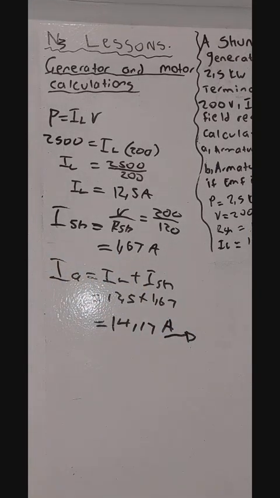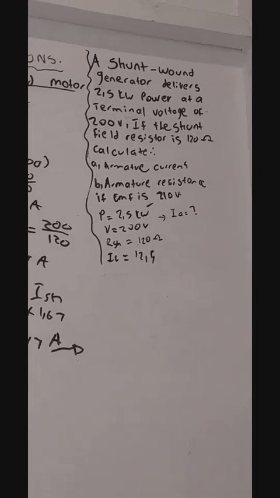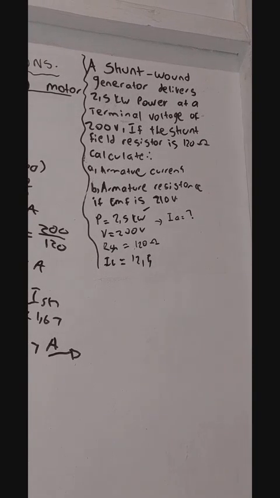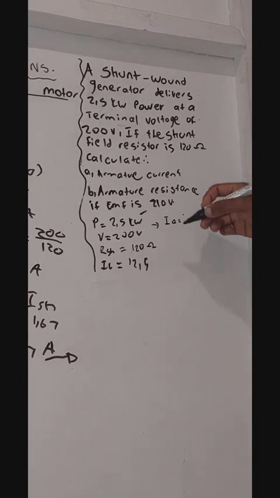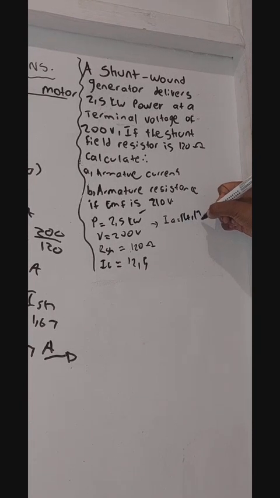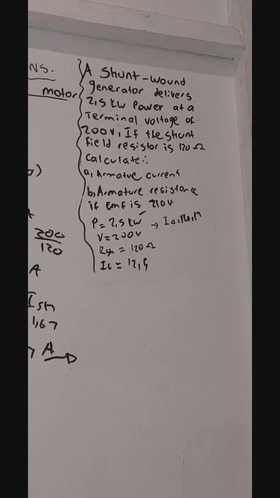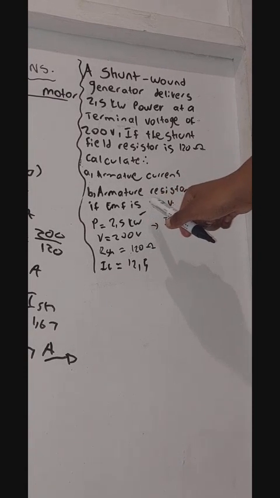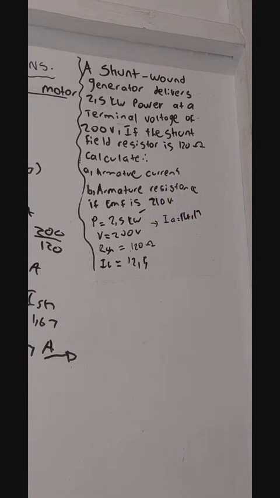This is our first answer where we are solving for armature current. Now we can write it down on our given. So IA is 14,17.